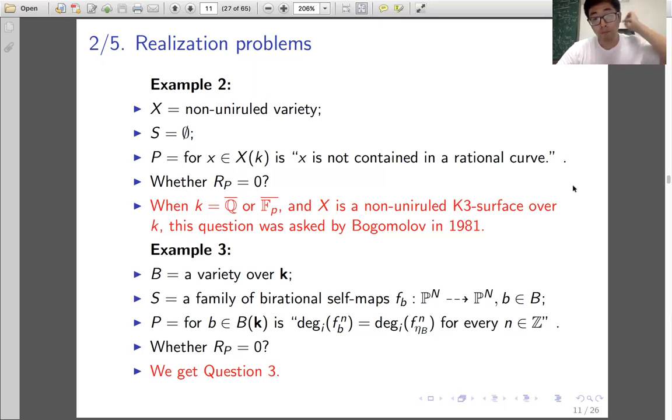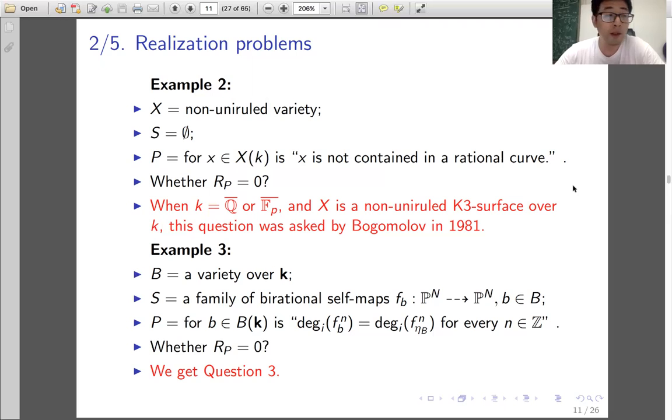So the realization problem is something like: if we have some property which holds for some very general point, can you find one point which satisfies this property?